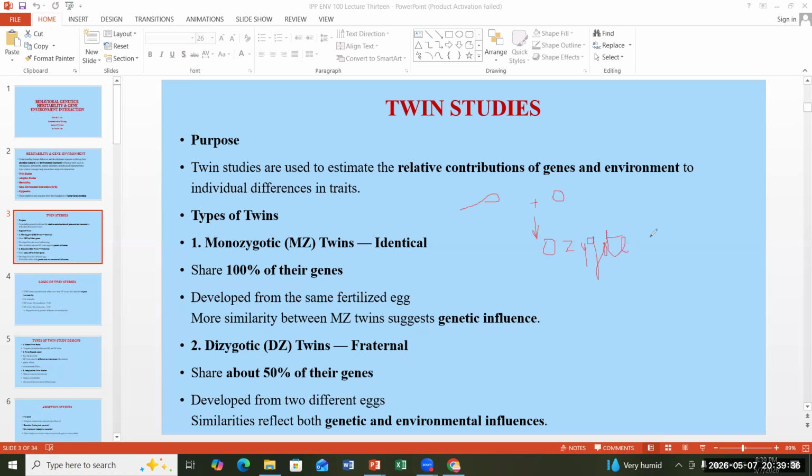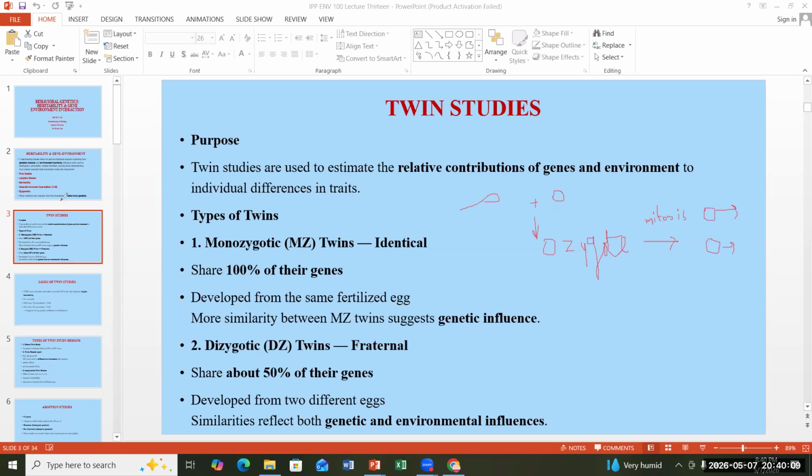If this zygote undergoes division by the process of mitosis, so in mitosis, two similar cells are produced or two different cells are produced? Two similar cells will be produced, right? And each zygote will develop into a separate embryo and separate fetus.